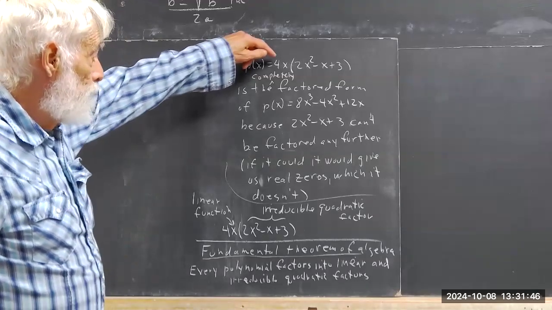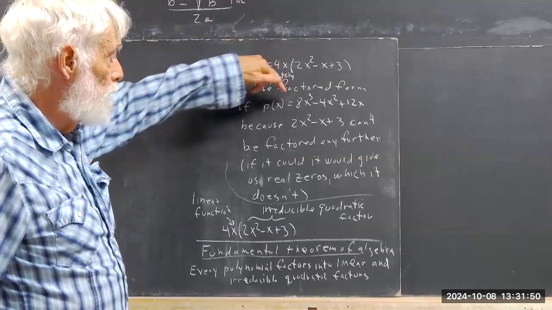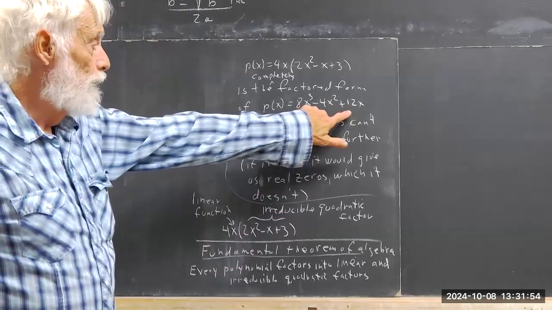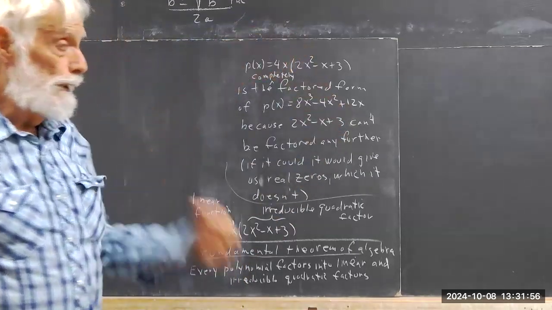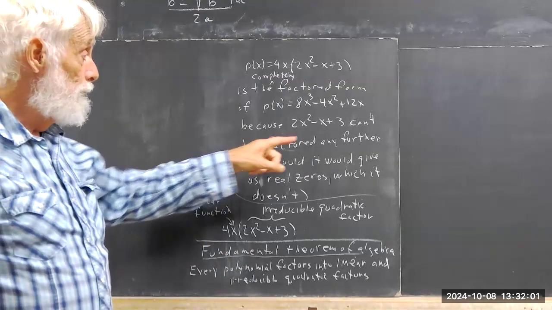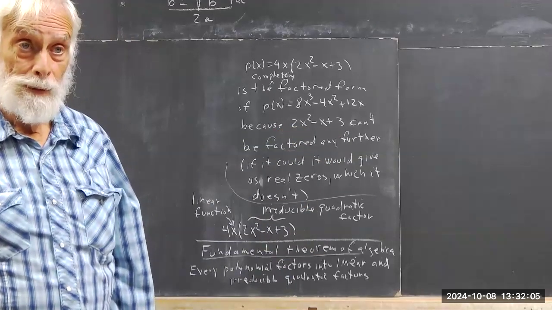Let's say P of X equals this. This is what we call the completely factored form of the original expression. We have this, we factored it to get this, and it is completely factored, because you can't factor 2x squared minus x plus 3 with the real numbers.